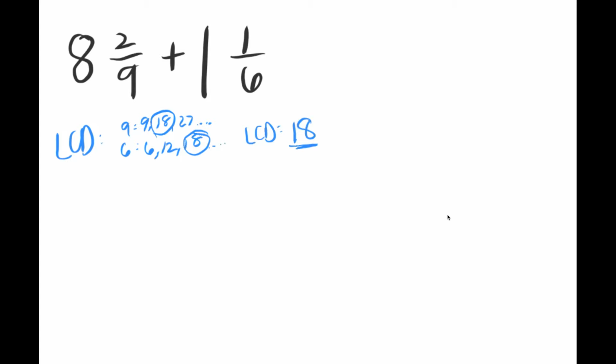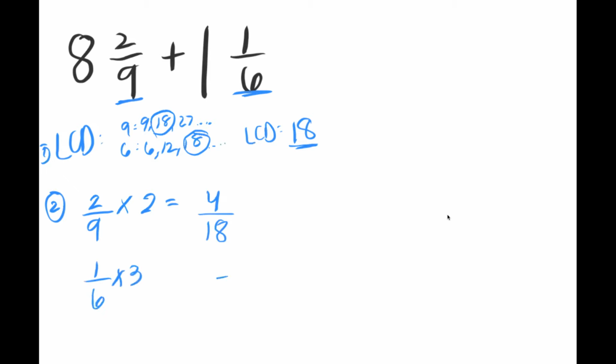So step 2 would be just take your fraction part and multiply to get 18 on the bottom. So from 9 to 18, we would multiply by 2. So the top becomes 4, the bottom becomes 18. For 1/6, we would multiply by 3 to get 18 on the bottom, and then the top just becomes 3.